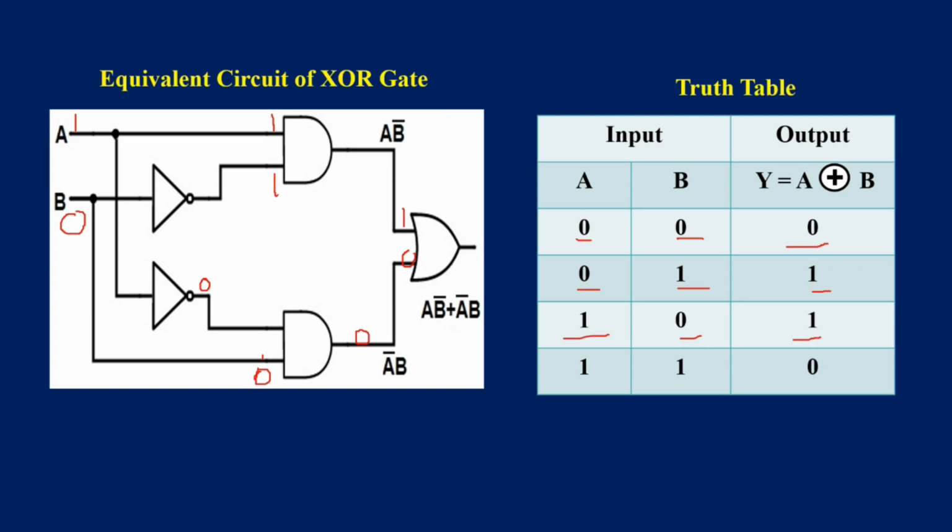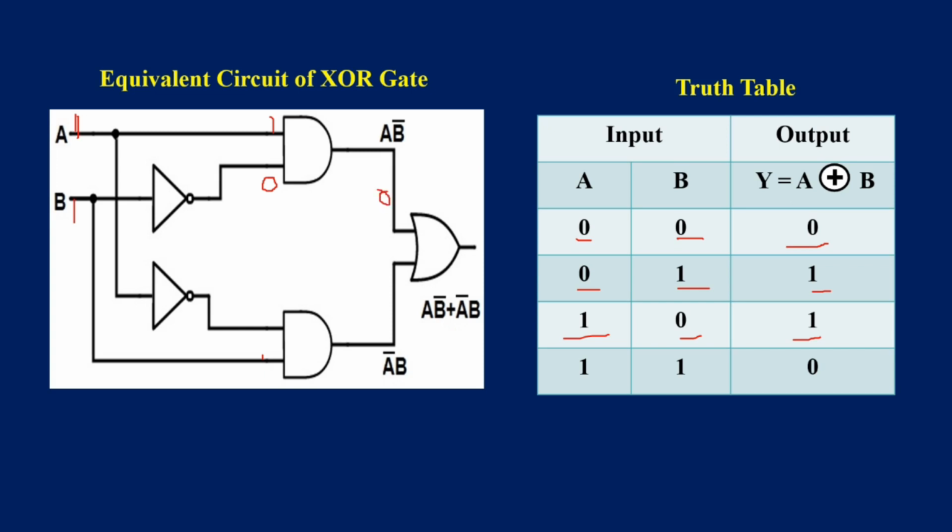Now I am going for the fourth condition of the truth table. I am making logic A as 1, B as 1. If A is 1, this is 1. So this is also 1 here. It inverts it, it becomes 0. So for the AND gate 1, 0, the logic will be 0.